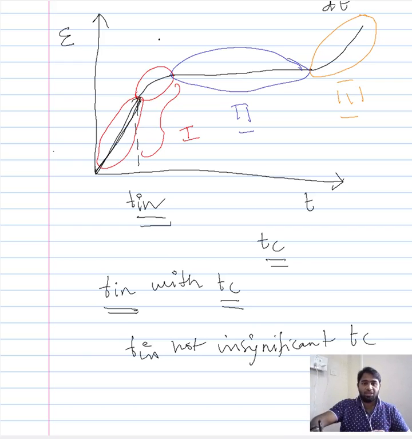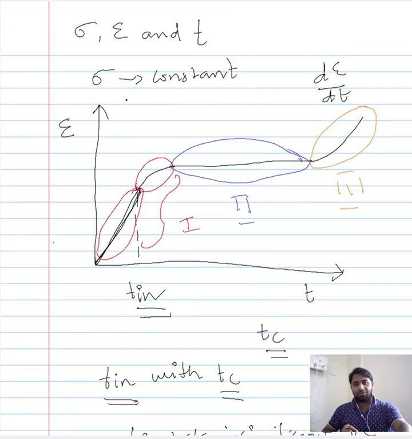Only then would you be able to show this region in the representative creep curve. When you include this instantaneous creep region, then your stage 1 will comprise of instantaneous and transient creep regions. So there is a condition that needs to be satisfied when your creep curve should be of this form.